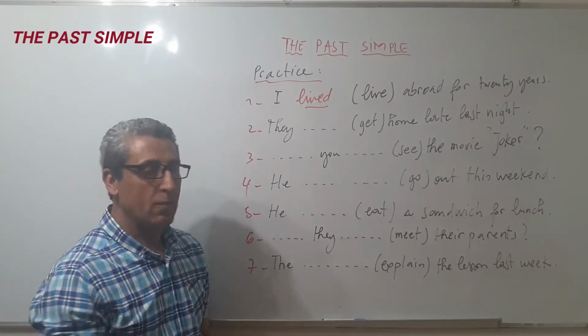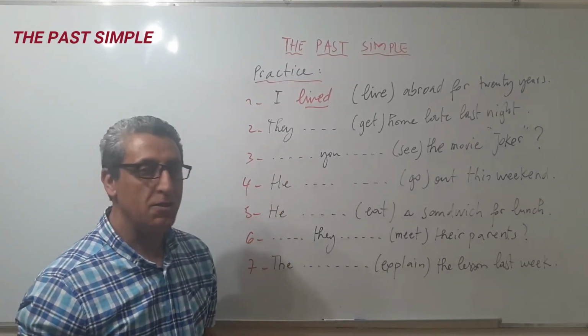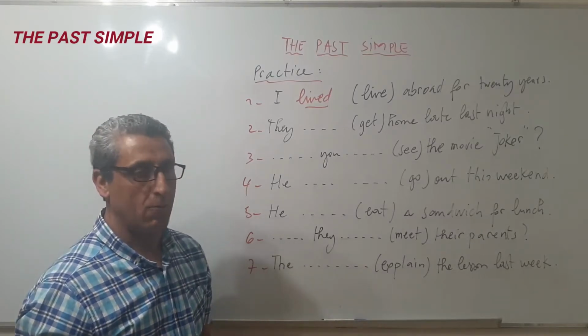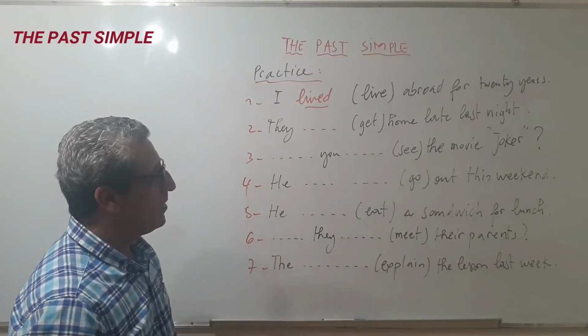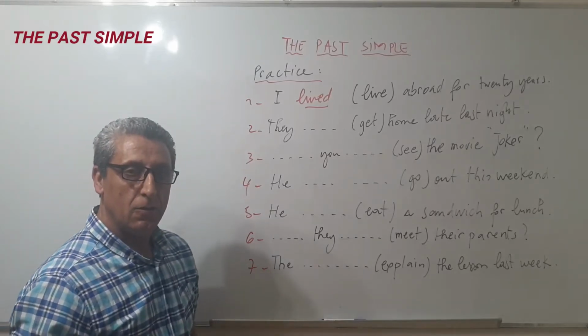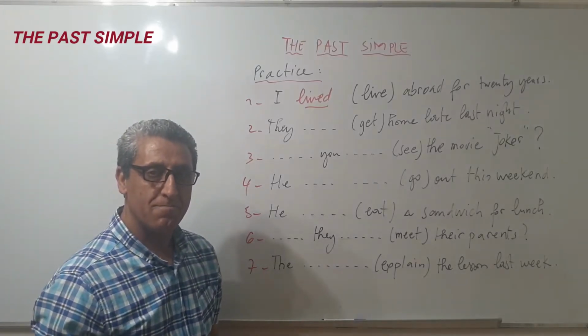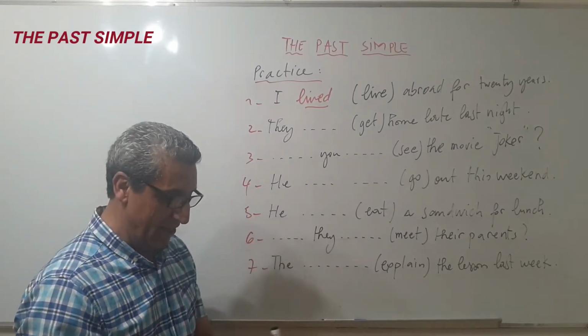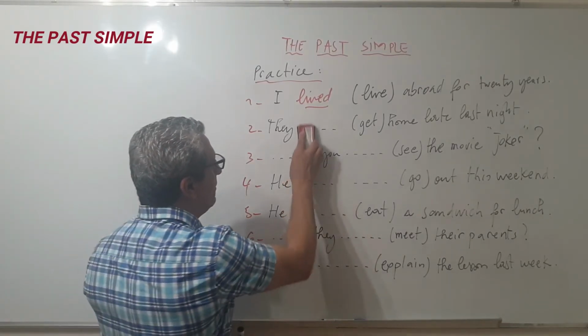I help you: get is not a regular verb. It is an irregular verb. So, they get home late last night. Can you find the answer? Yes, very good. The answer is they got.